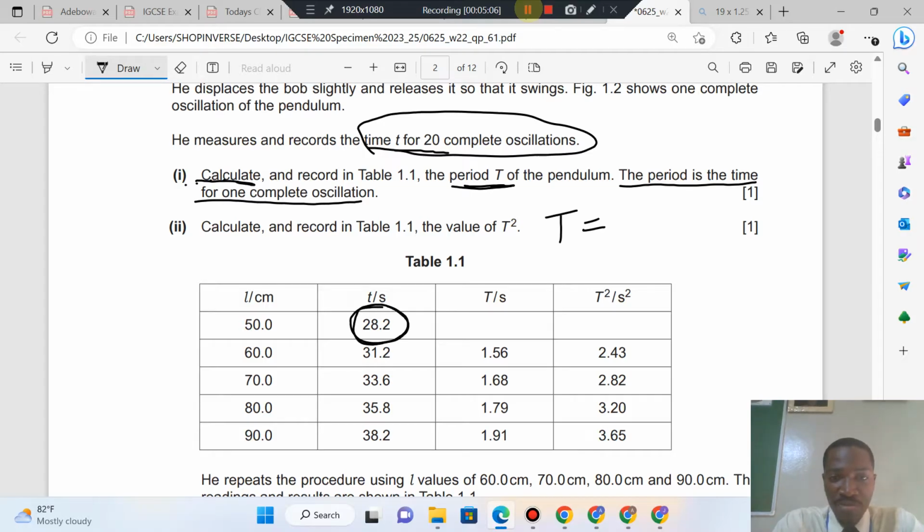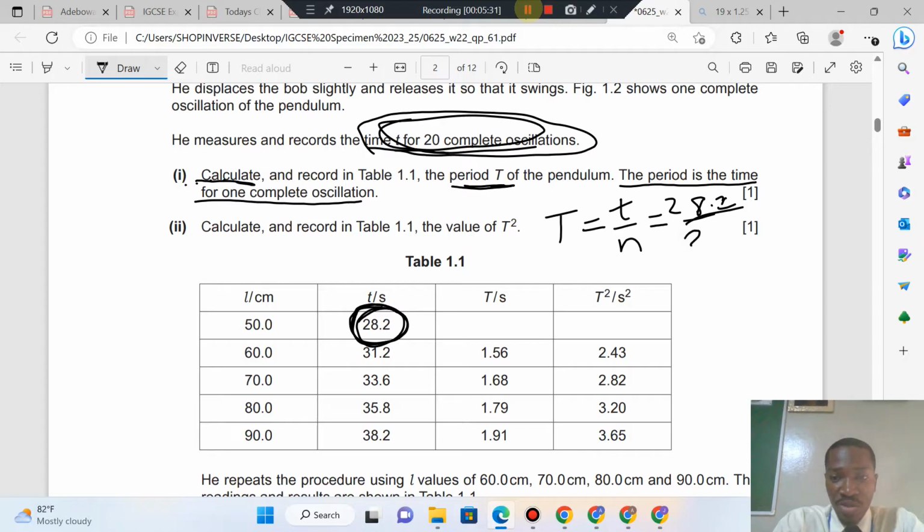How will you now get the time for one complete oscillation? Period is time for one oscillation. So period is the time divided by number of oscillations. What's the time here? The time here is 28.2. So we have 28.2 divided by the number of oscillations. You know there were 20 complete oscillations.